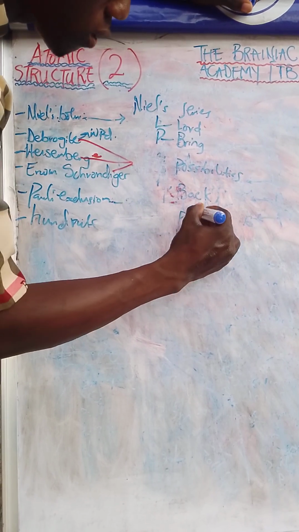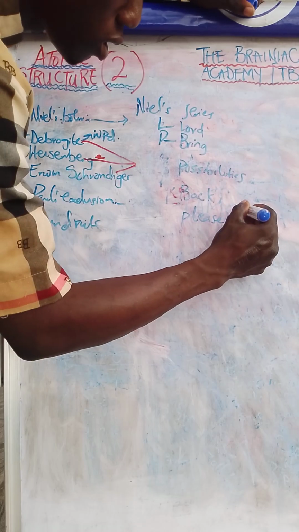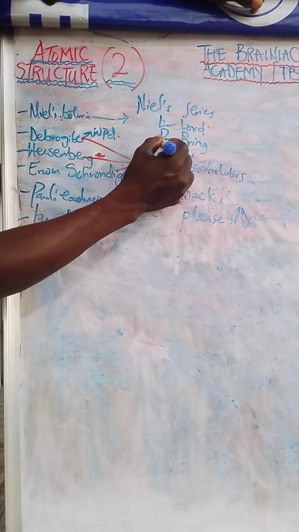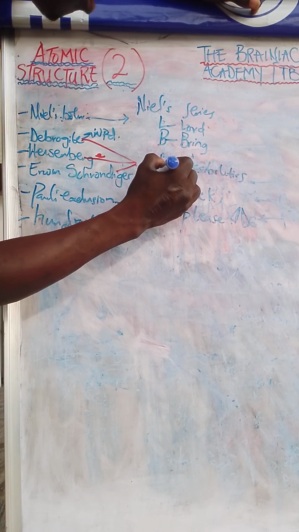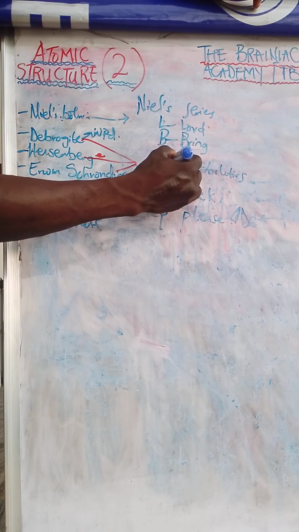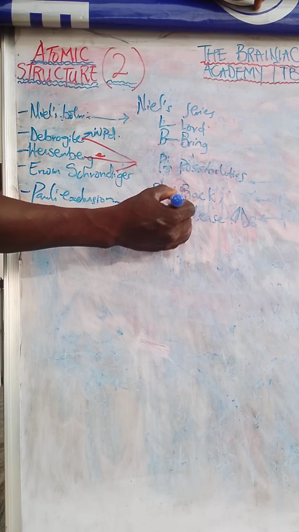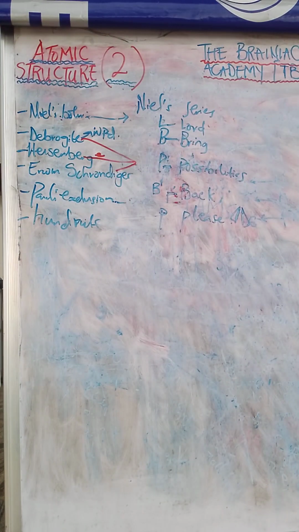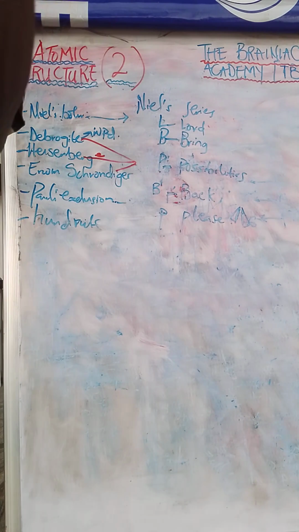We are begging you, please bring possibilities back. That's your LBPBP. Lord, bring possibilities back, please. Let me have 390 JAMB. Lord, bring possibilities back, please.